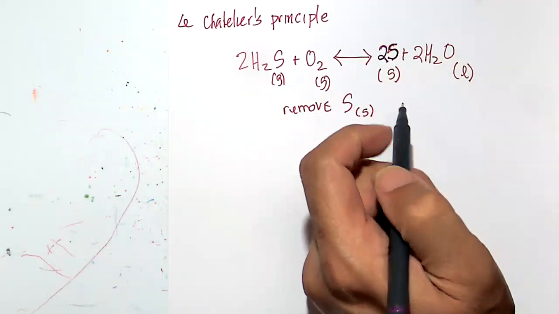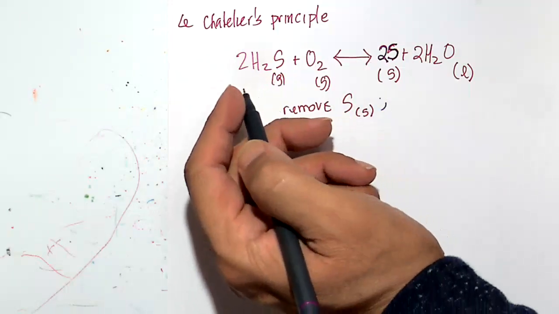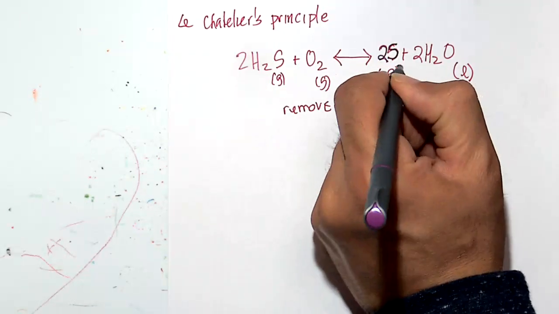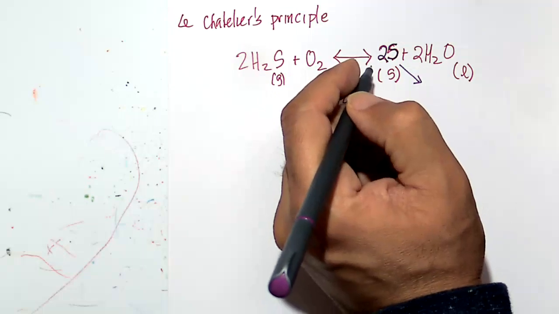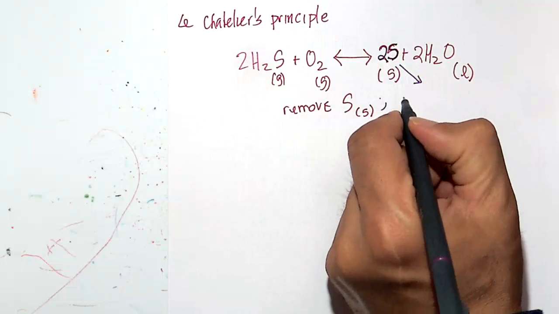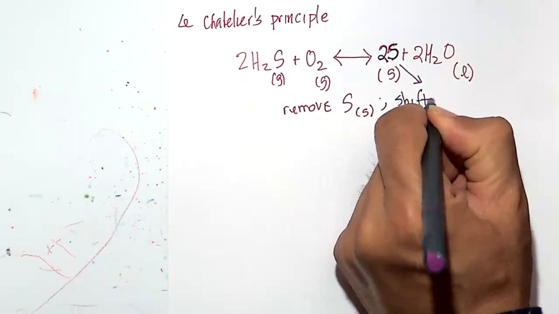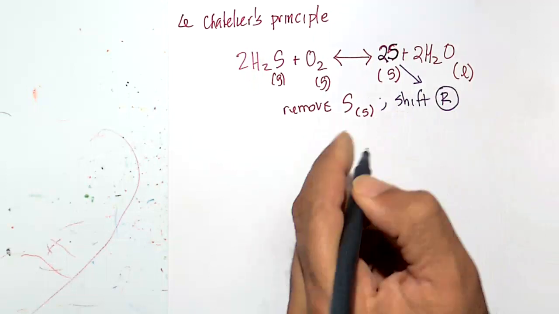If we remove sulfur, the reaction offsets what is done, so it will shift to the right, to the product side.